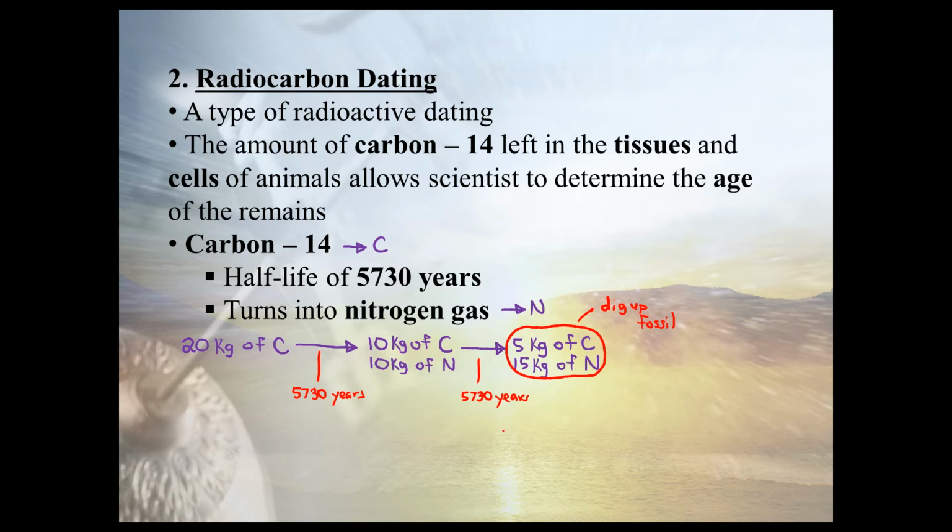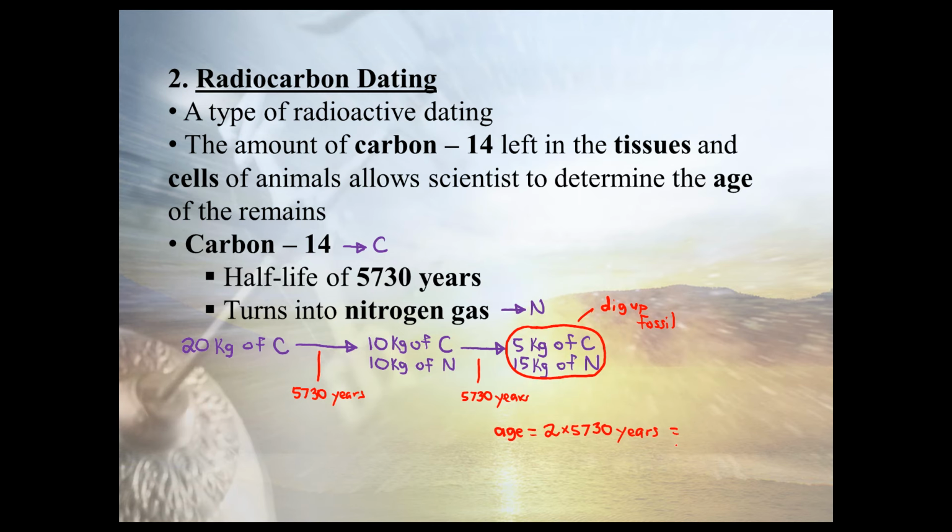The way to figure out the age of the fossil would be to take the number of half-lives, which is 2, and then multiply by the time of 1 half-life. So the time would be 2 times 5,730 years.